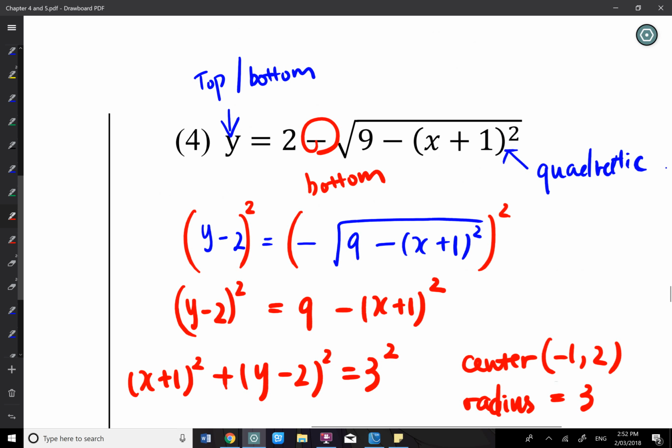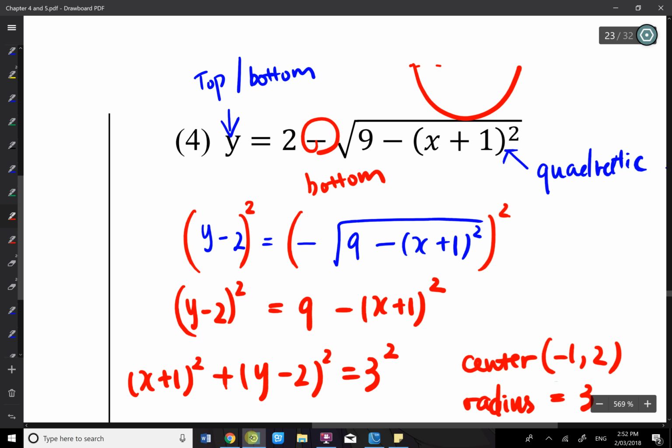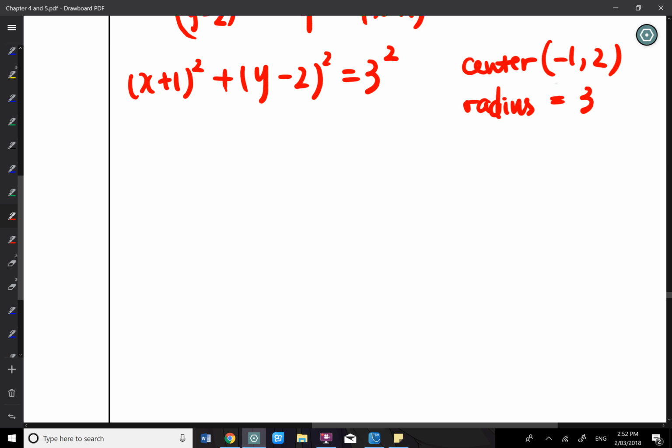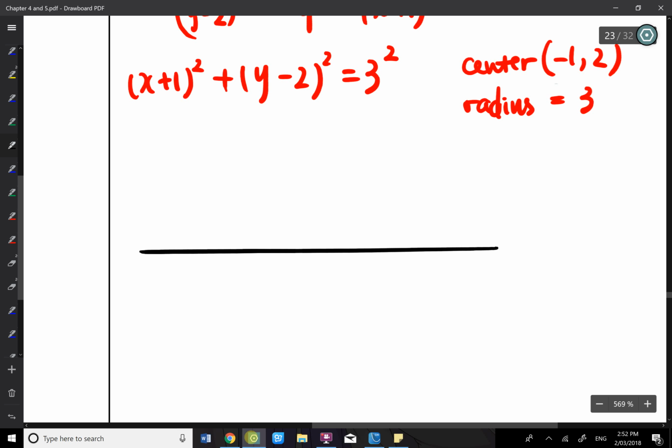I know that's the shape of my graph. So I will find my center at negative 1, 2. Negative 1, 2 is here.